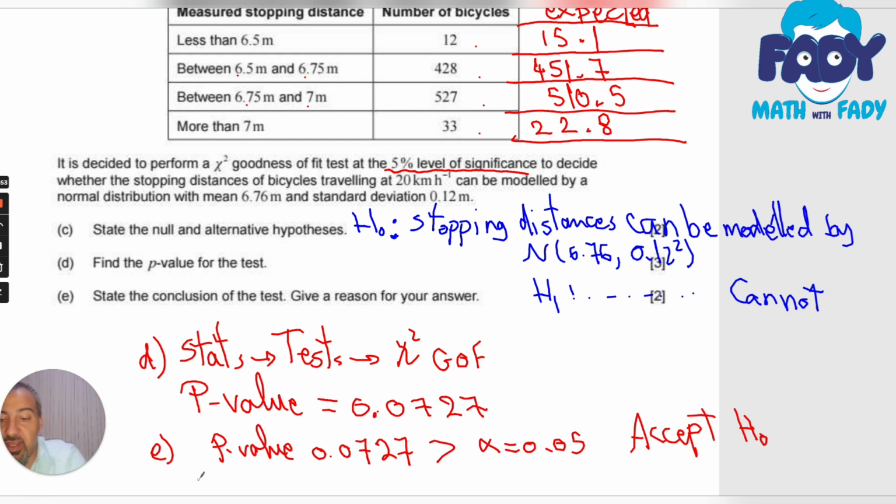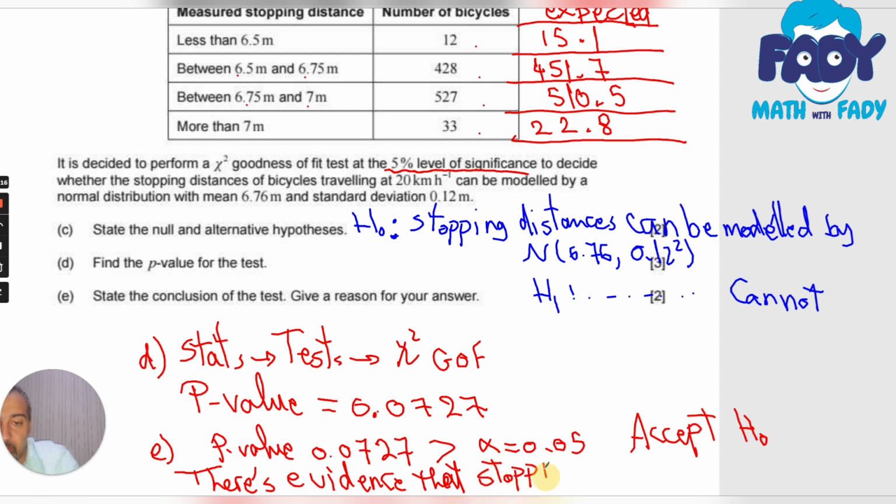So there is evidence here that stopping distances can be modeled by the normal distribution.